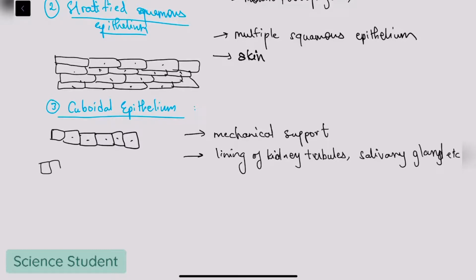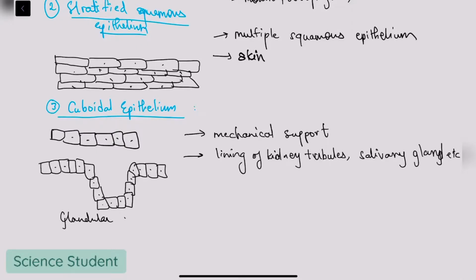Sometimes this cuboidal epithelium forms a depression, and thus is called glandular epithelium. This empty space is called a gland.